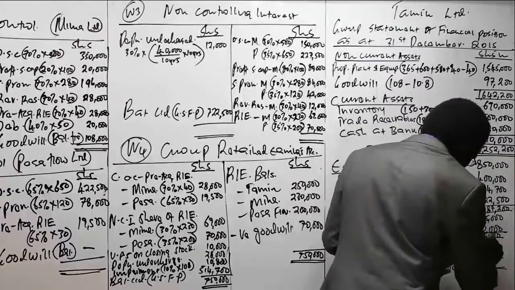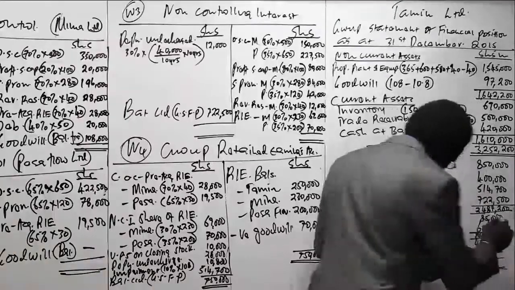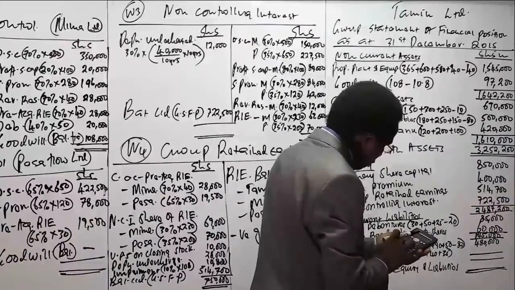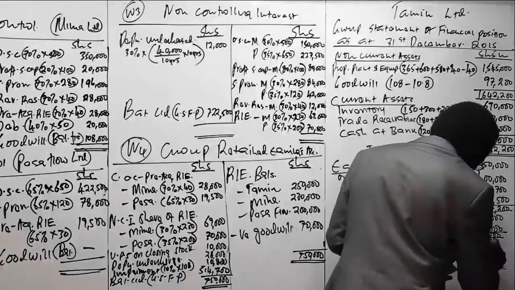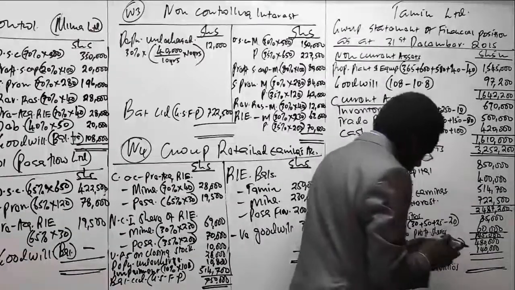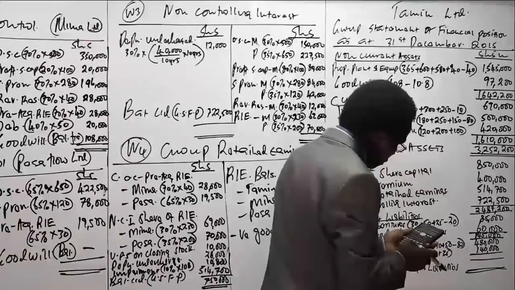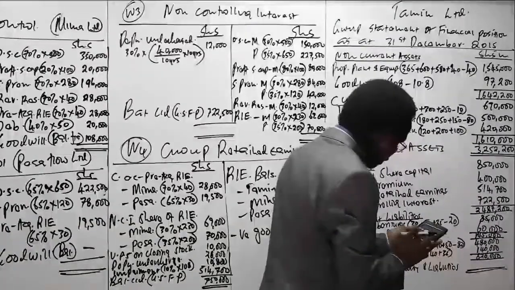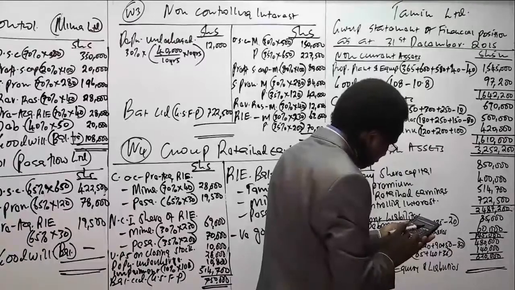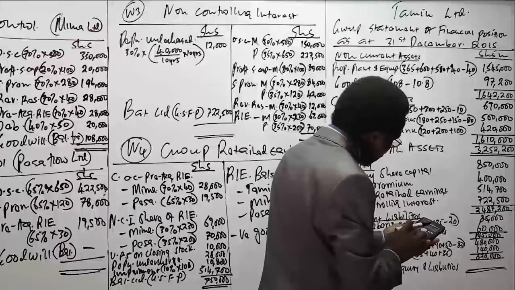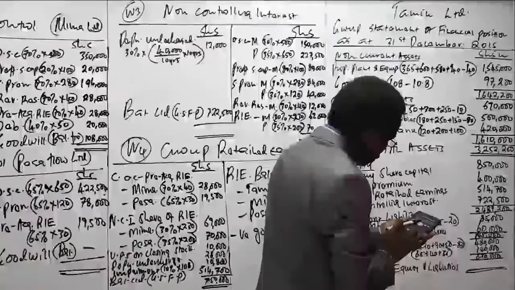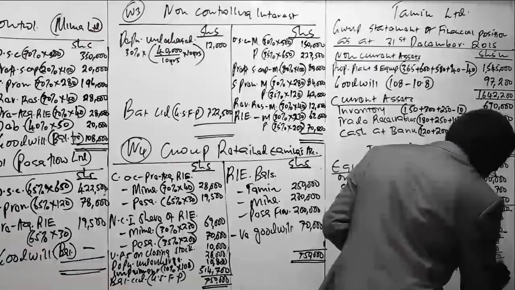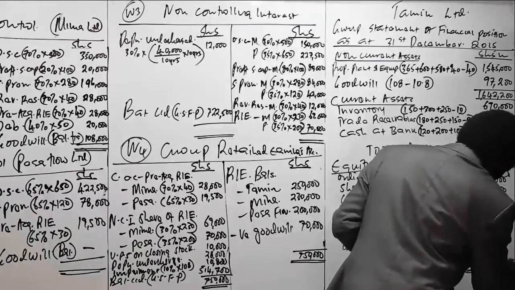I get the 480. Then we have the 65 plus 40 plus 35. That is 140. Then I have 480 plus 140, we have 620. Then I take the 620 plus the 145 plus the 2487.2. I'm getting 3,252,200.